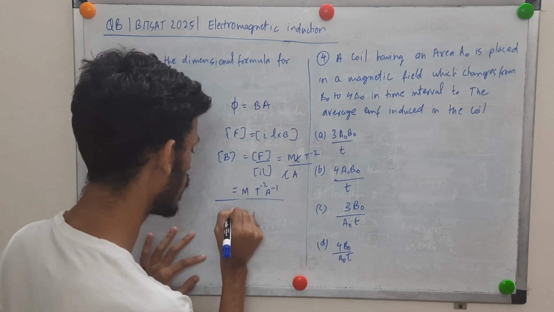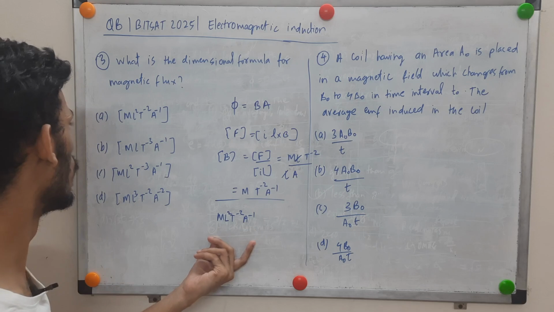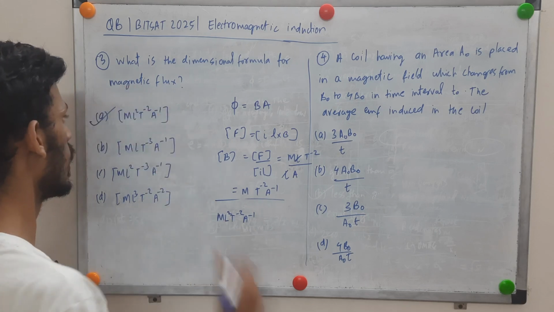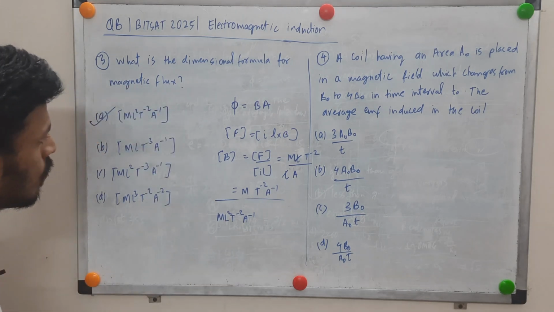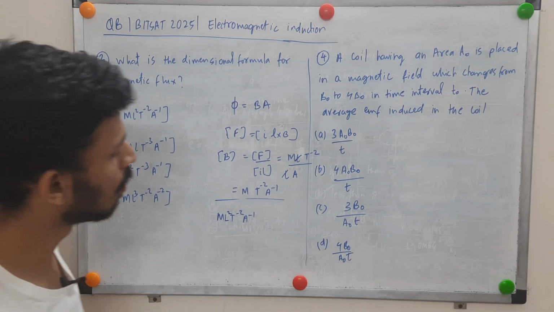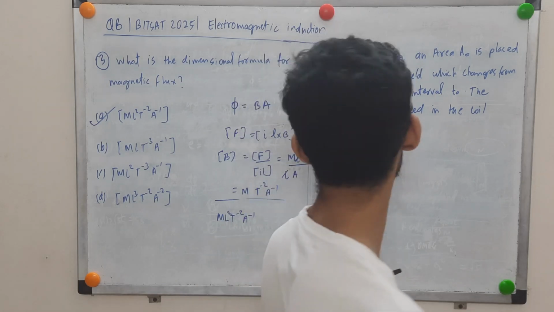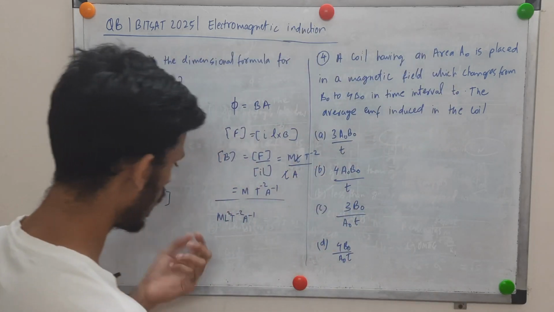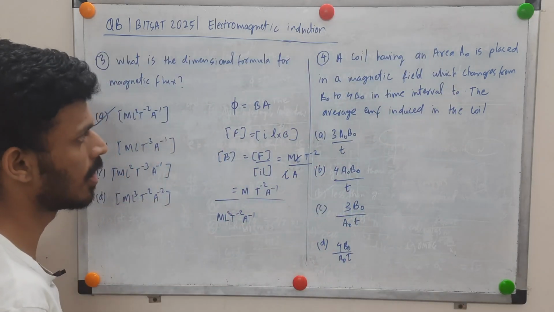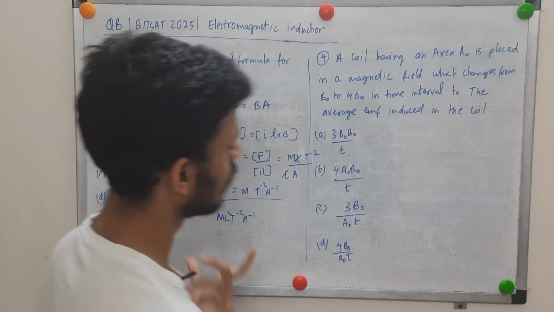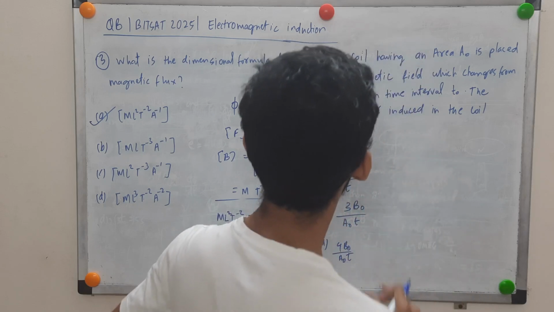Area is L square, so now we'll get L square. So this matches with option A, M L squared T raised to minus 2 into current. Basically, energy into current, is there some formula like that? You think about it.